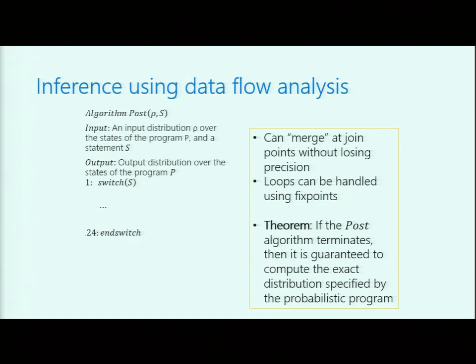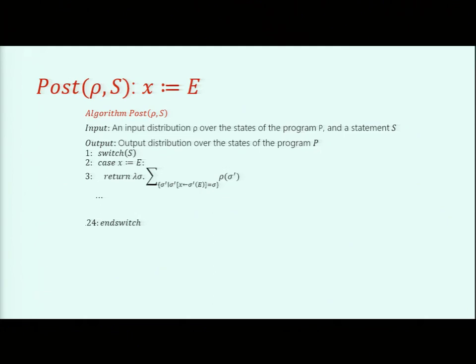What the algorithm does, and that's what I'm trying to show over here, is that for every case, if it's an assignment statement, this is the formal meaning of the distribution over that assignment statement. If you spend some time on this, this expression is very related to the expression that you get when you actually execute the operational semantics of the program.